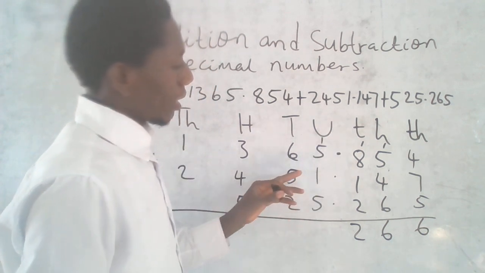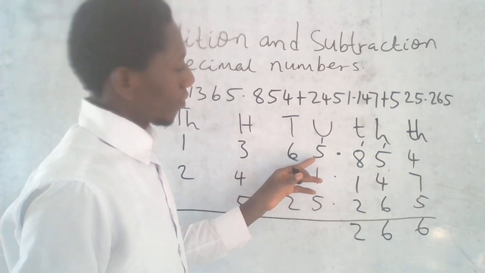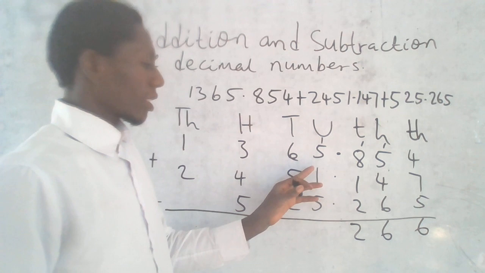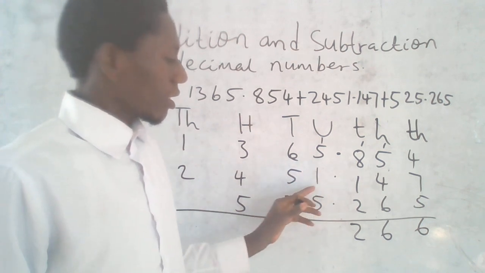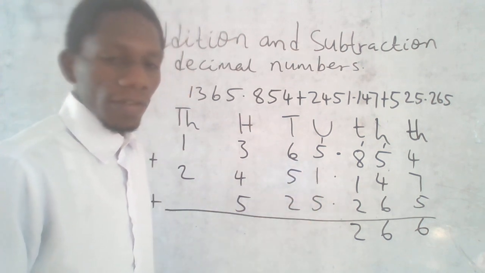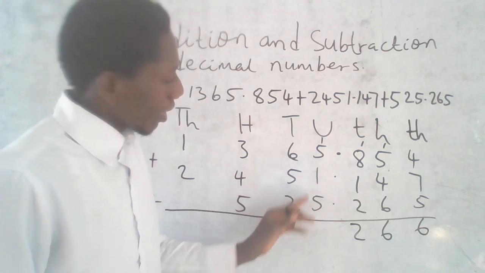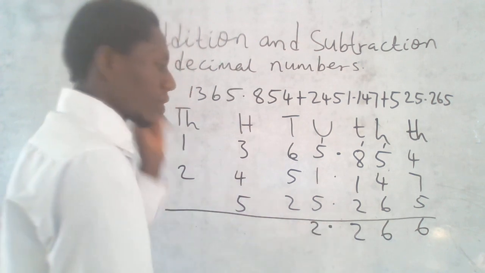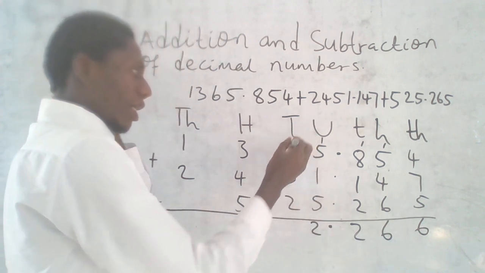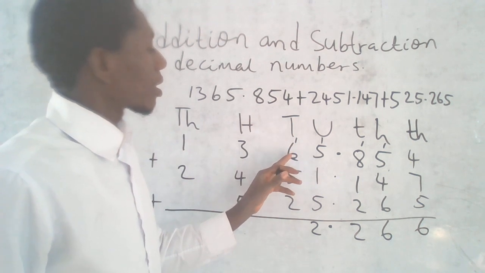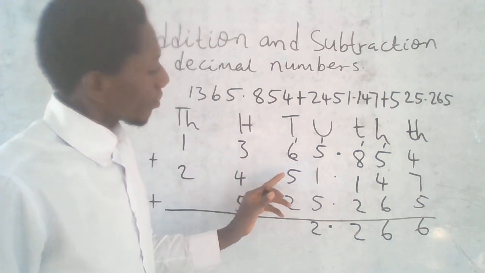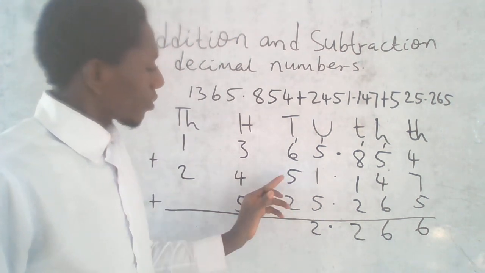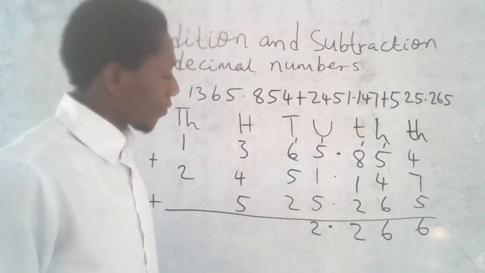Okay. Now 1 plus 5 is 6, and 6 plus 1 is 7, and 7 plus 5 is 12. So I'm going to write my 12, but I will bring down the decimal point. So this is 2 for 12, carry 1 and add here. 1 plus 6 is 7, and 7 plus 5 is 12, and 12 plus 2 is 14.